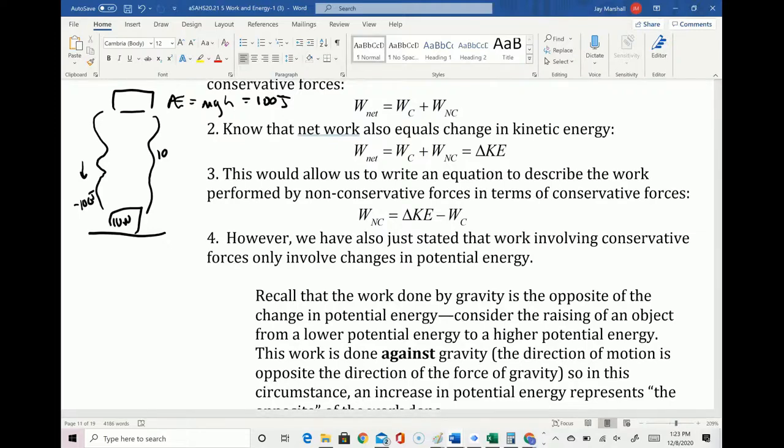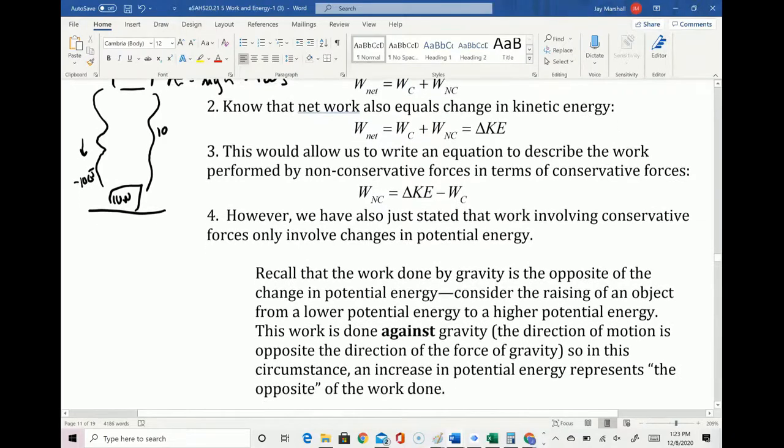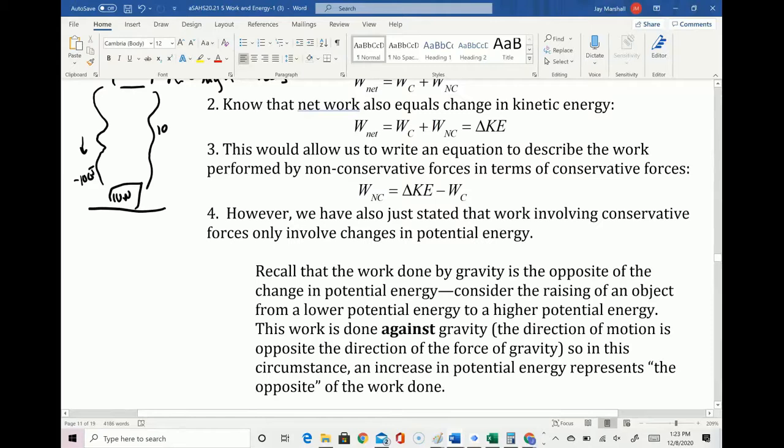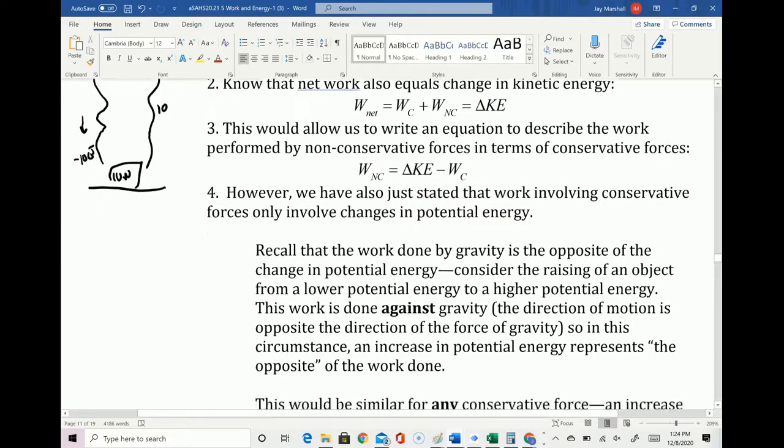So in this circumstance, an increase in potential energy represents the opposite of the work done by the conservative force. Okay? The increase in potential energy represents the opposite of the work done.